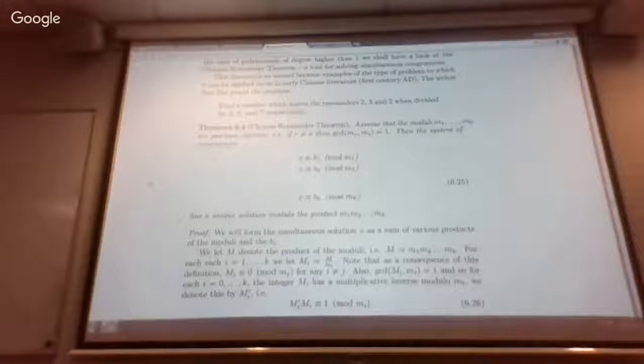Now, the way it's stated there, it just looks like an existence proof. It just says that this thing does have a unique solution. But the method of proof actually provides you a method of constructing the solution, finding the solution.